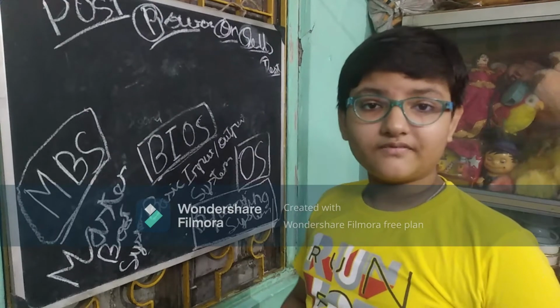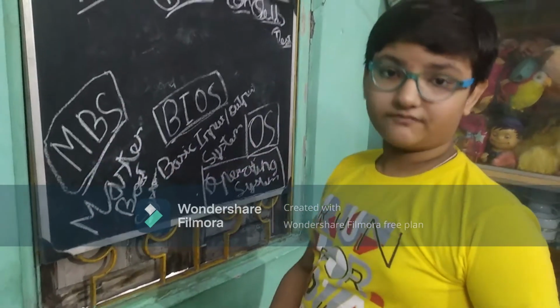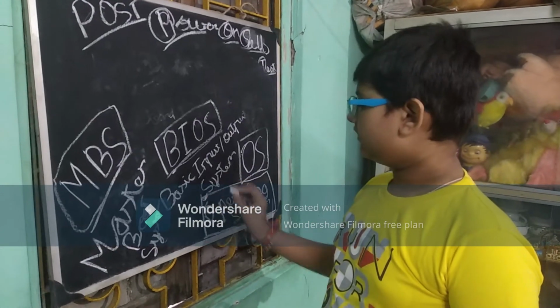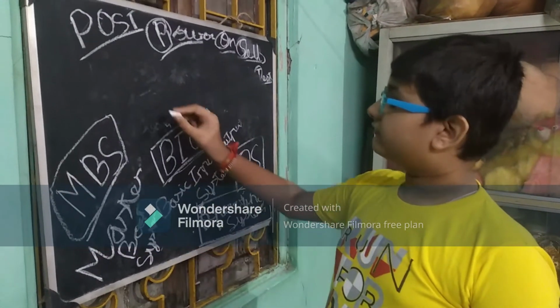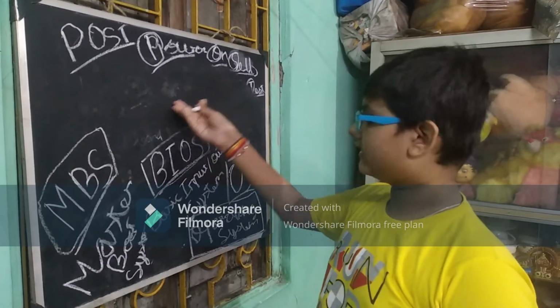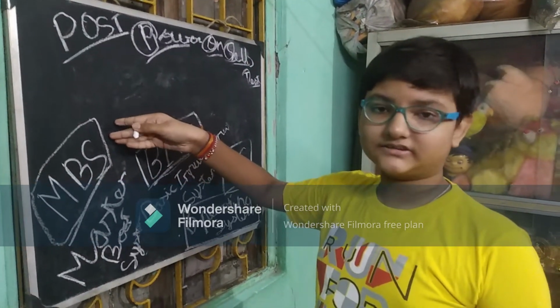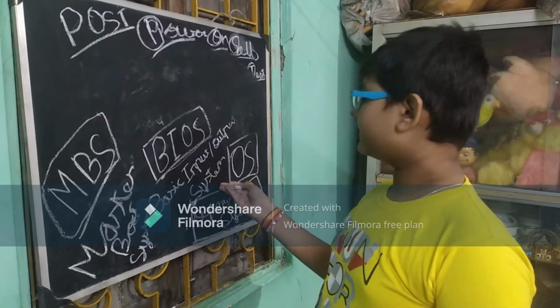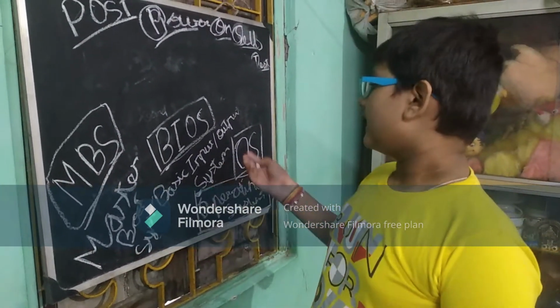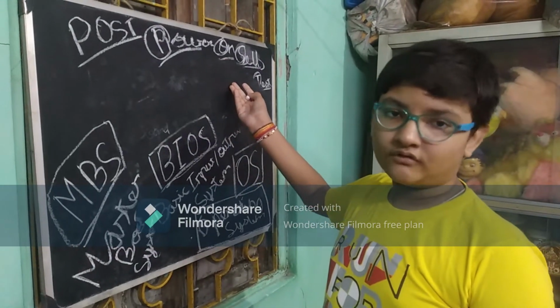Like if anyone is buying a computer for the first time, he needs to install the OS. So the BIOS will check the pen drive, and over there he will find this master boot system, and from there he will install the OS. So the OS will go there, and after that it will go to the hard disk.